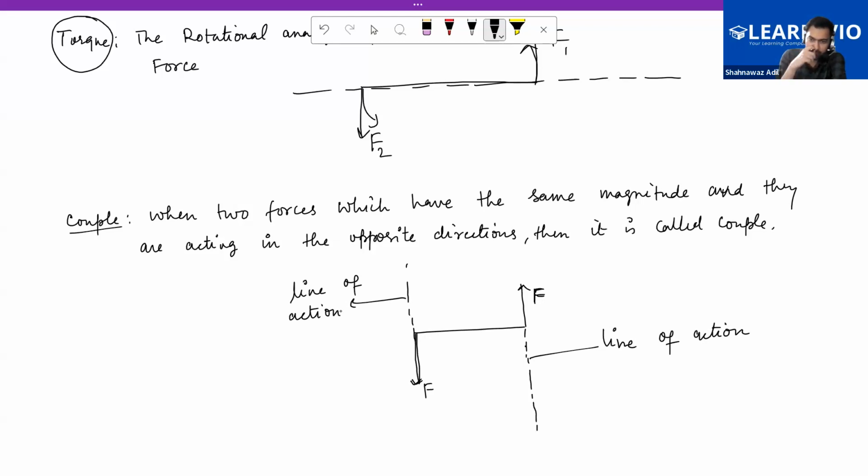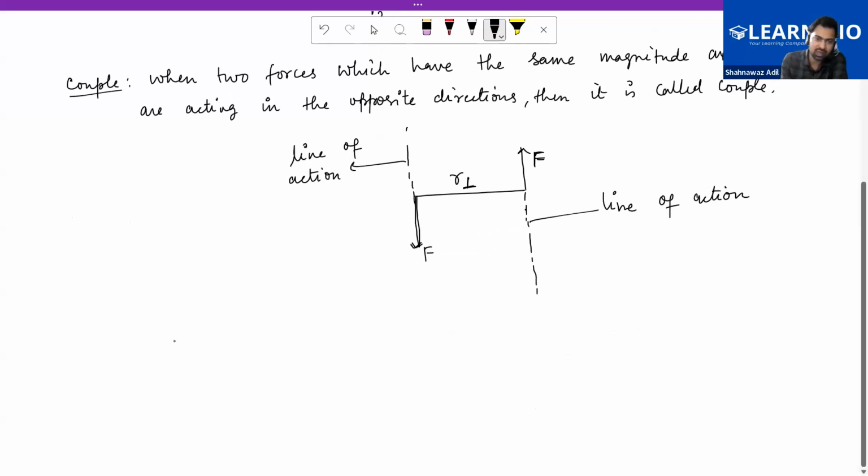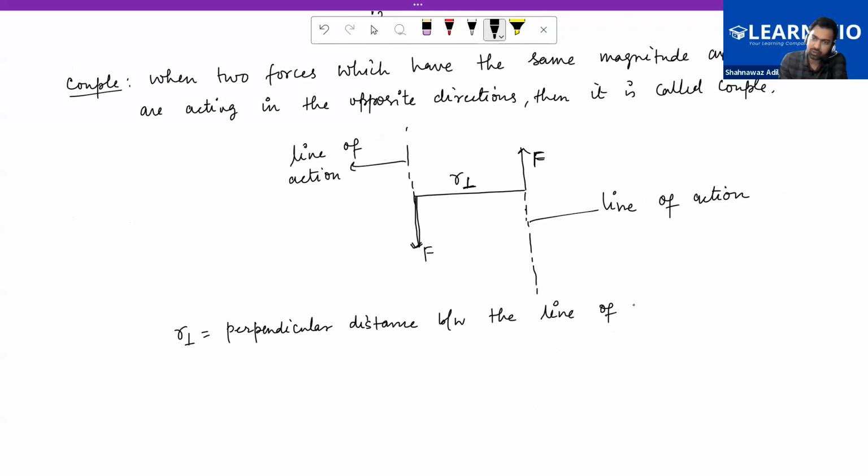Whatever is the perpendicular distance between the lines of action, that is called R perpendicular.